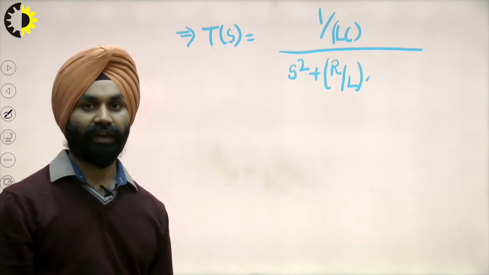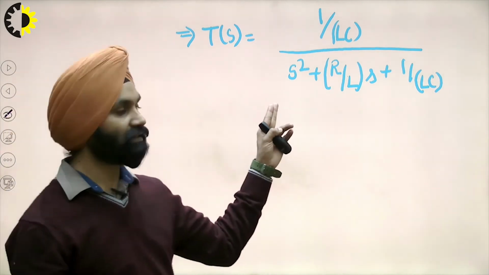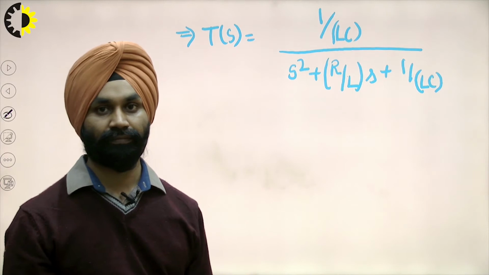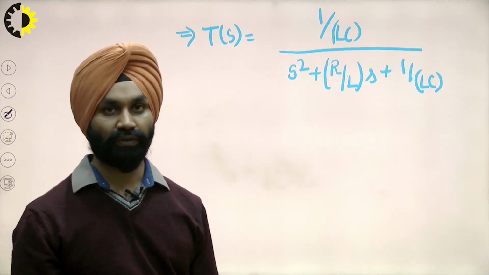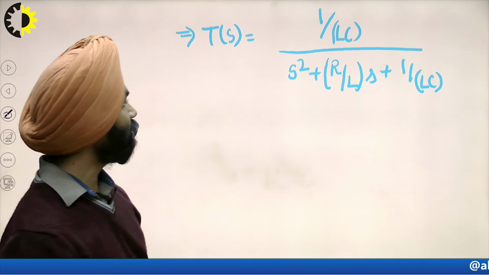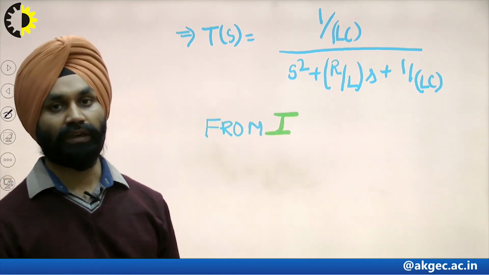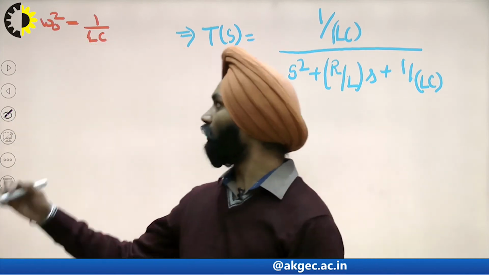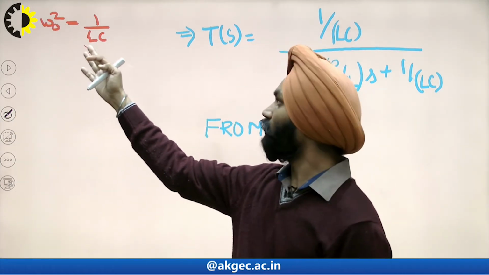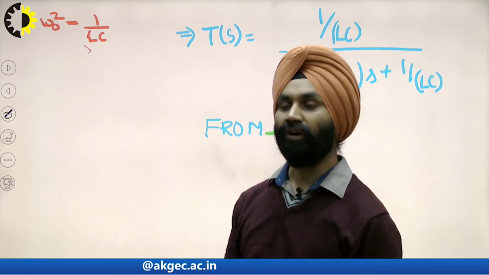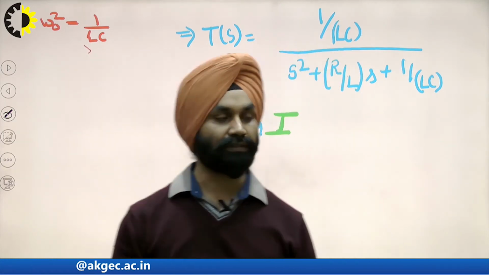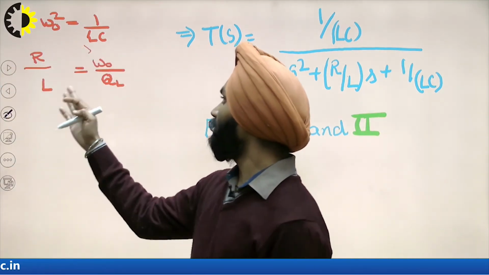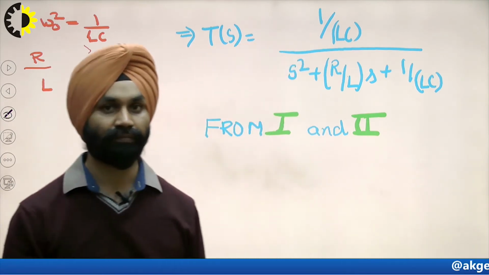Now, we have the transfer function given by 1 upon LC over S square plus R by L S plus 1 upon LC. When we put the values of omega naught and QL, from the first equation we have omega naught square equal to 1 by LC, or omega naught equal to 1 under root LC. And the second equation is given by R by L equal to omega naught by QL.